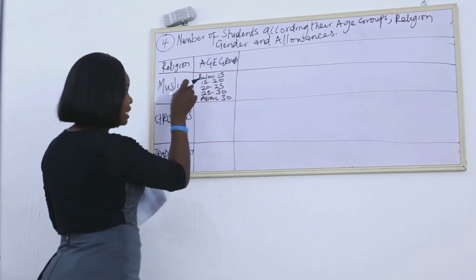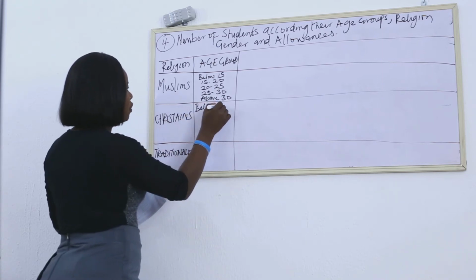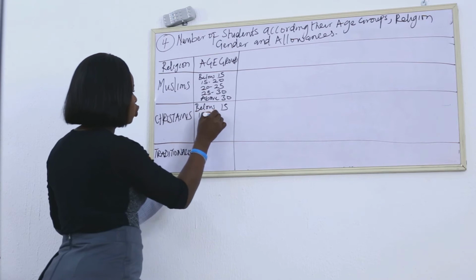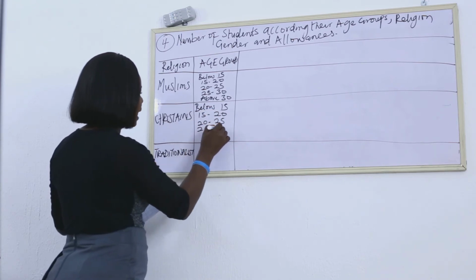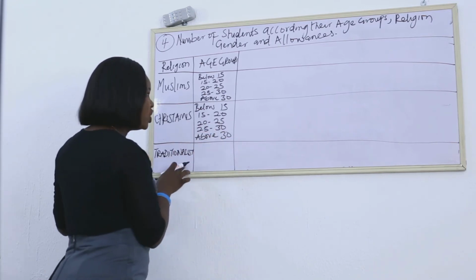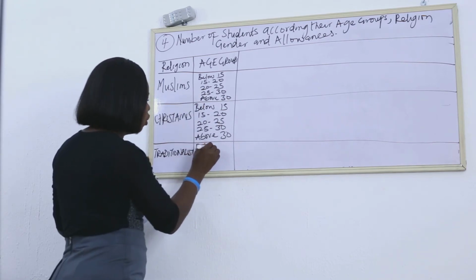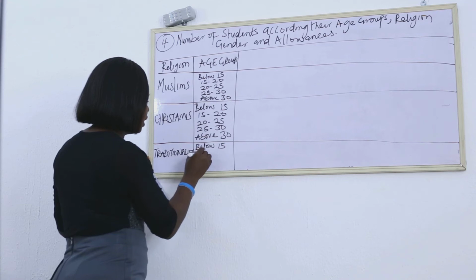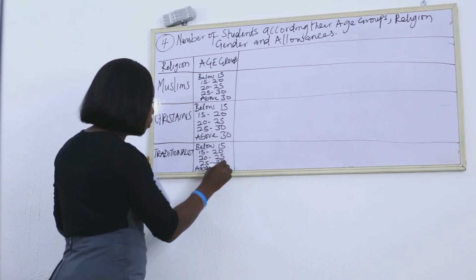For Christians too, the same age group is represented: below 15, 15 to 20, 20 to 25, 25 to 30, then above 30. For traditionalists, the same age group is represented for them: below 15, then 15 to 20, 20 to 25, 25 to 30, then above 30.